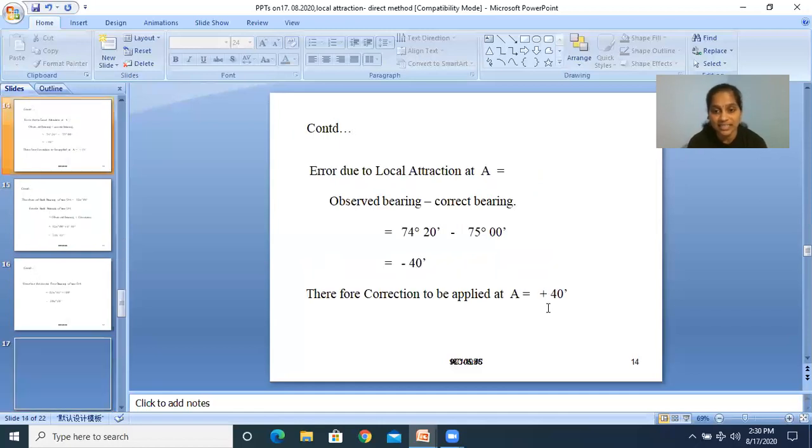Then the error is equal to observed forebearing minus correct forebearing, that is 74 degrees 20 minutes minus 75 degrees, that is minus 40 minutes. Therefore correction to be applied at A is plus 40 minutes.